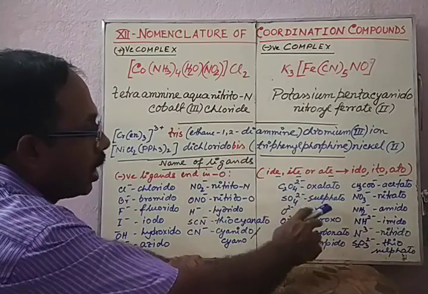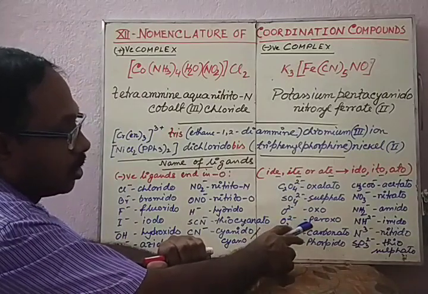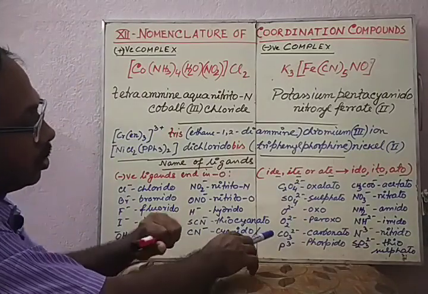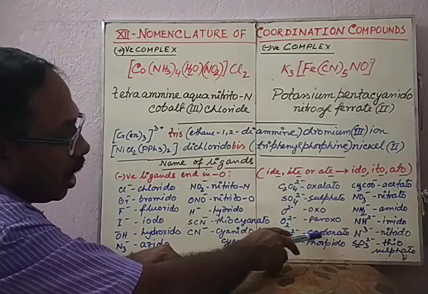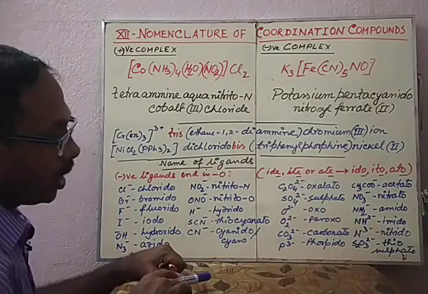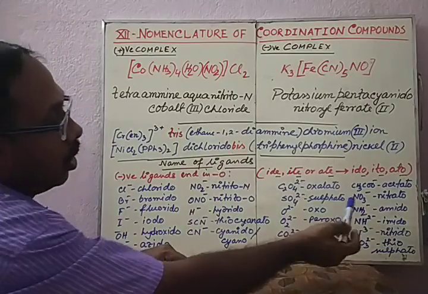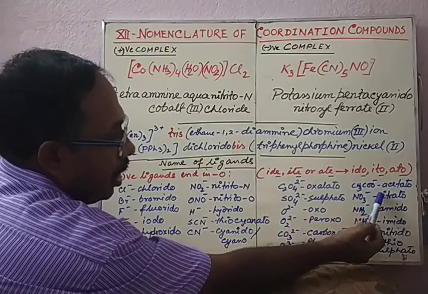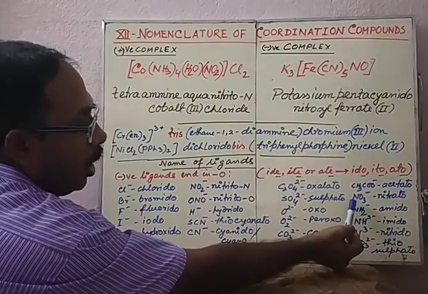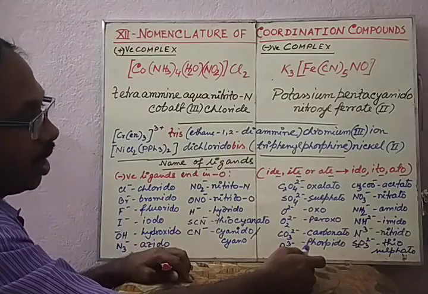SO4 2 minus sulfato, O 2 minus oxo. Then O2 2 minus peroxo. CO3 2 minus carbonato. P3 minus is the phosphide ion, so in a complex it is named phosphido. Acetate ion is named as acetato. NO3 minus, the nitrate ion, is known as nitrato.